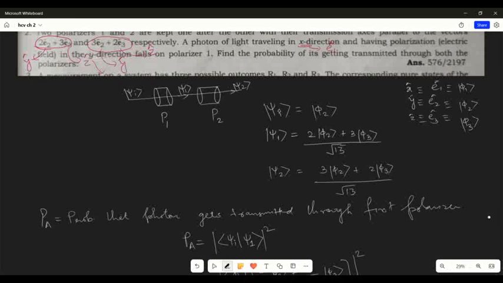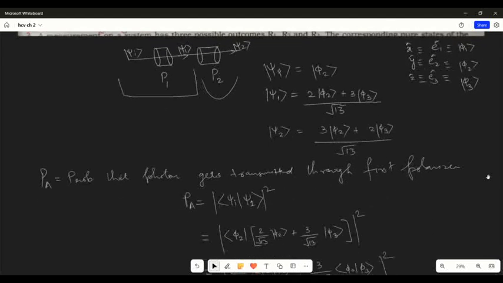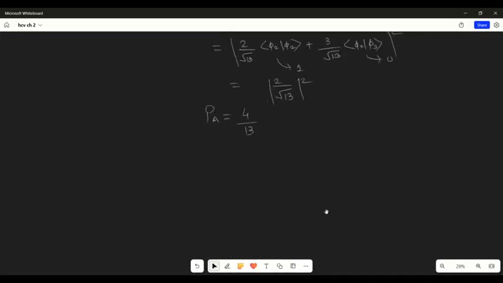For polarizer 1, the initial state of the photon before falling on polarizer 1 is psi I, and after passing through polarizer 1, its final state becomes psi 1. Now for polarizer 2, the initial state is psi 1 and its final state is psi 2. Remember, its initial state is psi 1 and its final state is psi 2.